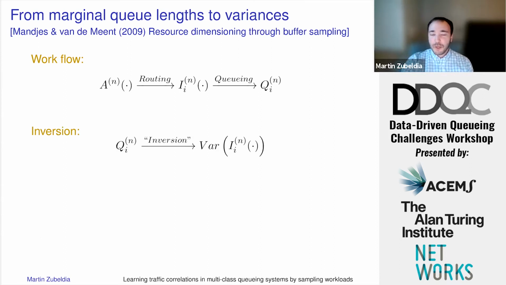And what we want to do is an inversion that essentially takes the steady state queue length, and in this case, the marginal distribution of the queue length just for the ith queue. And in some way, we're trying to get the variance of the input process. That's the thing that we're trying to invert.